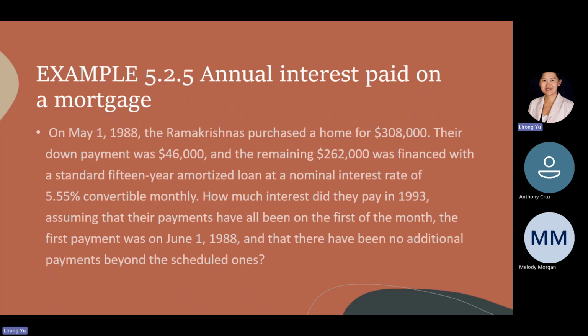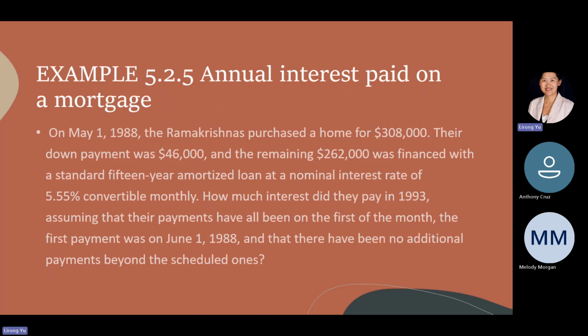In this question it says in May 1988, the family purchased a home for 308,000. Their down payment is 46,000, and therefore the rest has to be financed. They were doing a 15-year amortized loan.